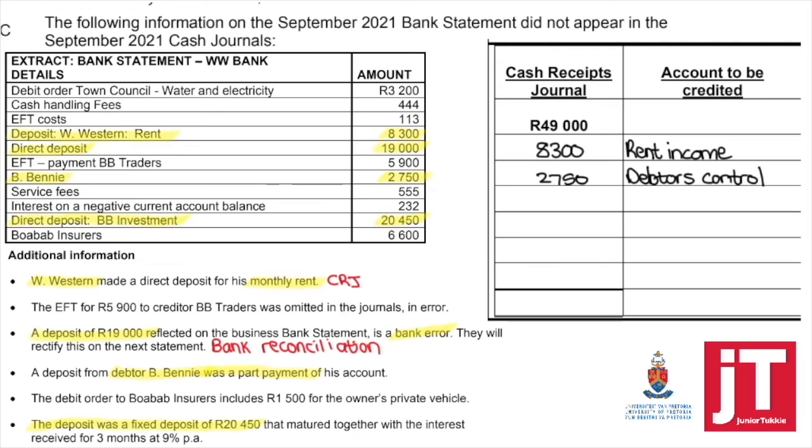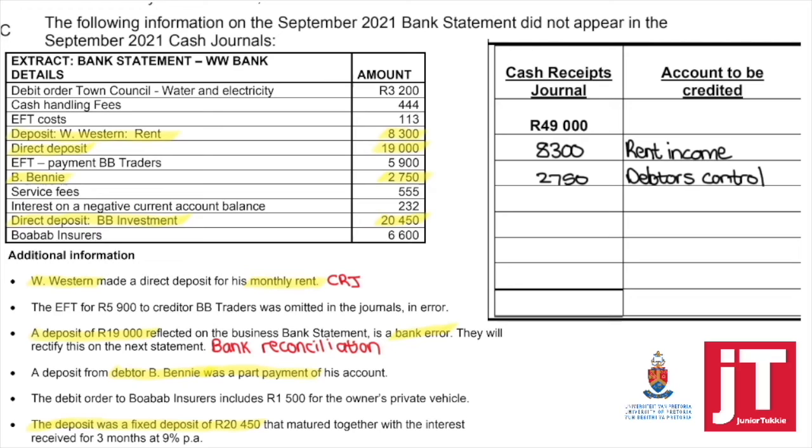Next, we've got a direct deposit from BB Investment, 20,450. The deposit was a fixed deposit that matured together with the interest received for 3 months at 9% per annum. You cannot say 20,450 for what?